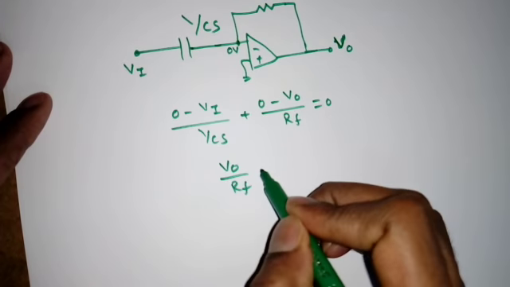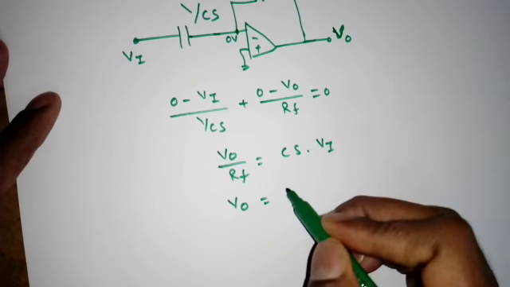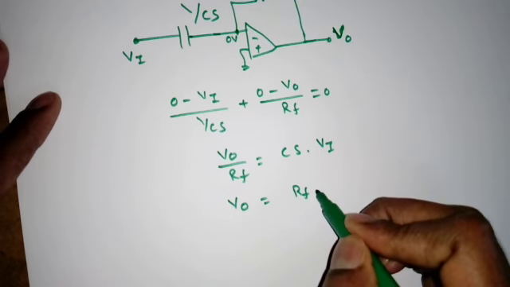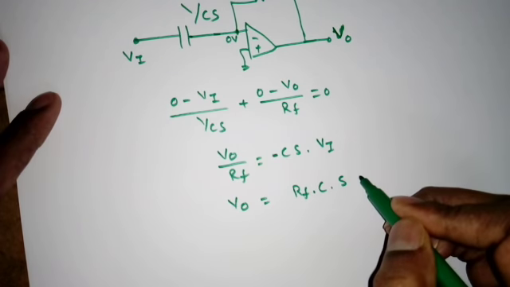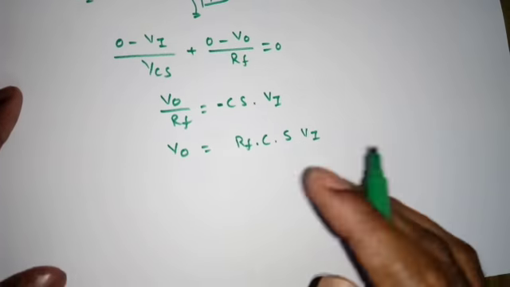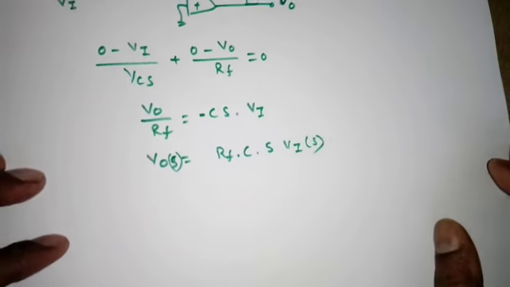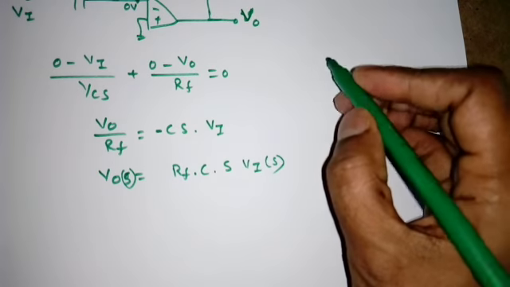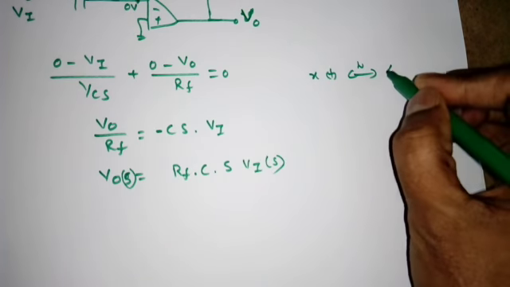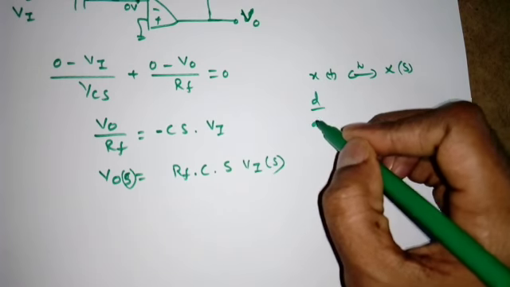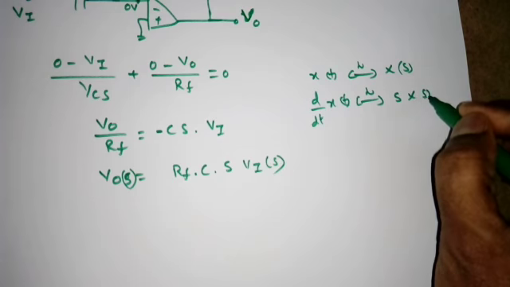So what do I require? V0 by RF is equal to Cs into Vi. I need only V0. So V0 is equal to RF into, sorry, I forgot the minus sign, minus C into S into Vi. This is in the Laplace domain, so this is V0 of S and Vi of S. Now if you recall from the Laplace transform, suppose the Laplace transform of x of t is x of s, then if I differentiate x of t, in the Laplace domain we will get s into x of s.